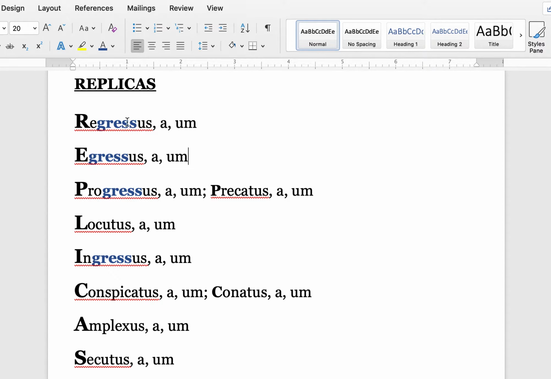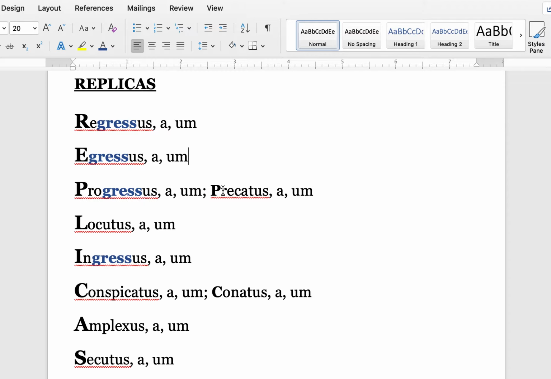And so regressus means having returned, so having moved back. Egressus, having left, so having moved out. Progressus, having set out, having proceeded, having moved forward. So gress, move, and then pro, forth.